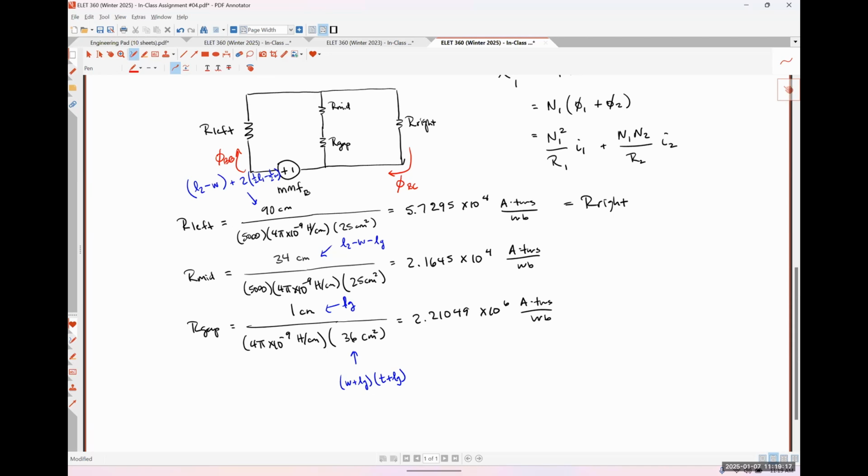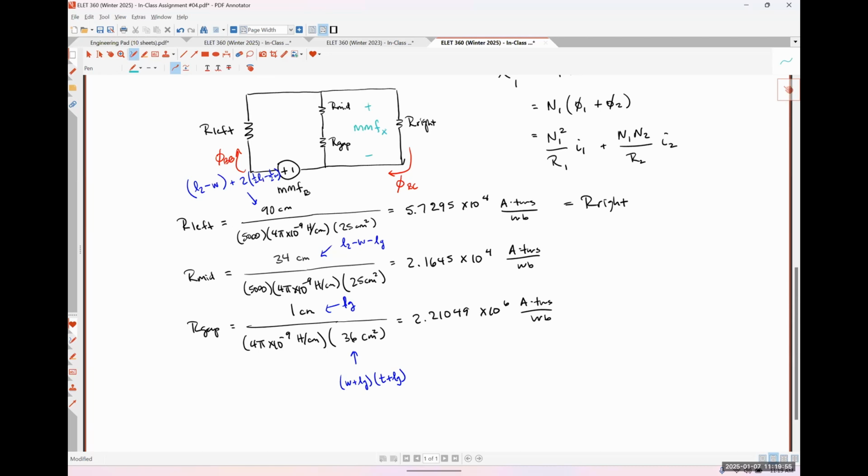An alternative thing that I could do, and it looks like this is the approach I've taken the last couple of times I've taught this class, was to find the equivalent MMF drop across these two parallel branches, and then divide that MMF by the reluctance of the right-hand path to find the flux flowing through it.